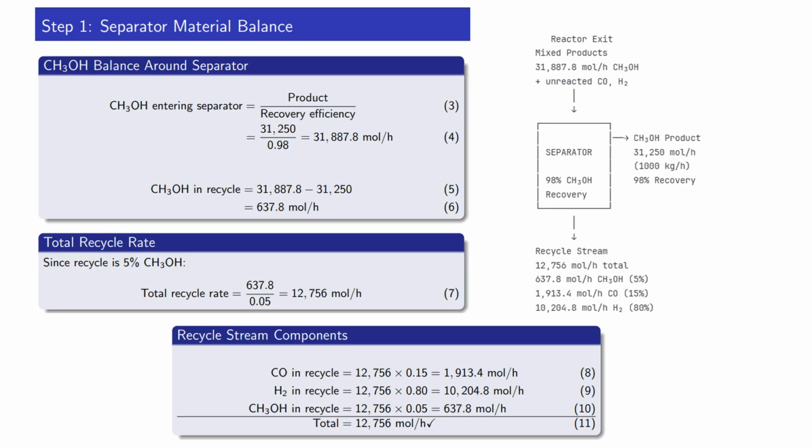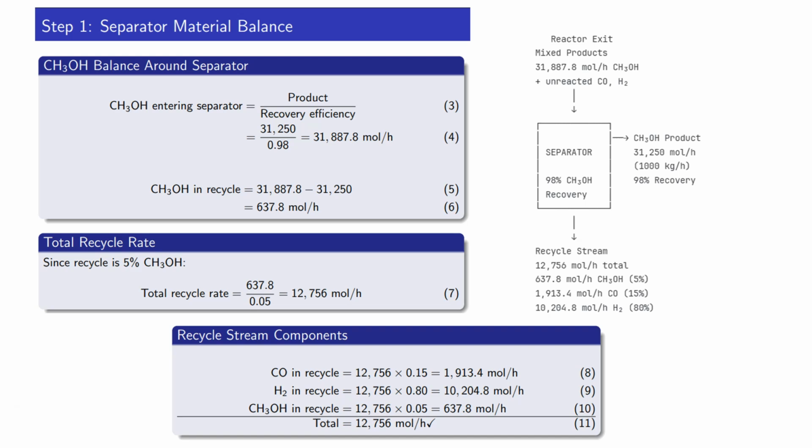Separator material balance. We start by performing a material balance around the separator. So here, CH3OH balance around the separator. We know that the separator recovers 98% of methanol entering it and the product stream is 31,250 mole per hour. So we can find the total methanol entering the separator, which is the amount produced by the reactor.